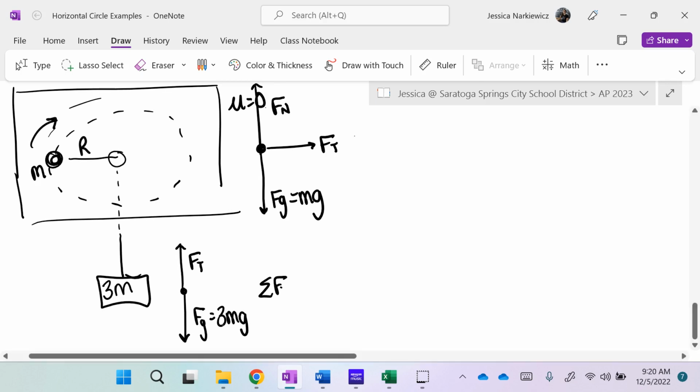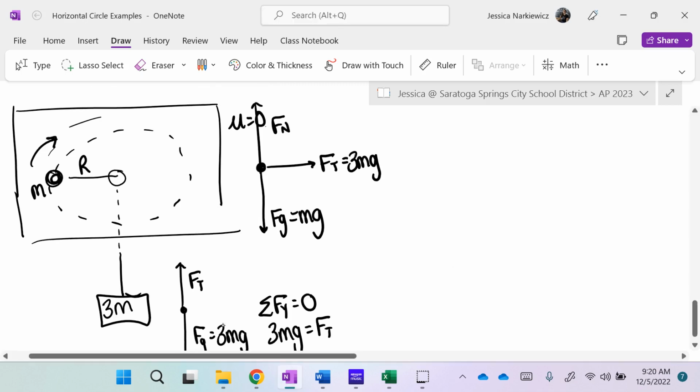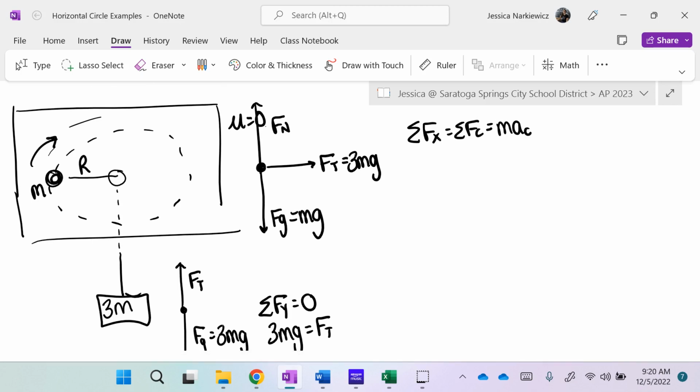So my net force here in the y direction is 0, which tells me that my tension force is 3mg, which is good because then that means my tension force here is also 3mg because it's the same string. So in the x direction, we have a net centripetal force caused by that tension force. So my tension force is mv squared over r. We just talked about how tension is 3mg.